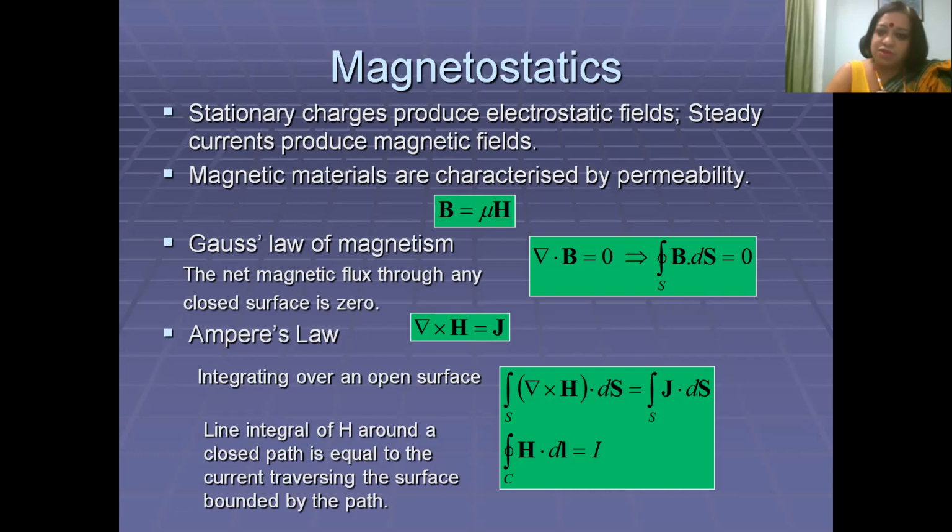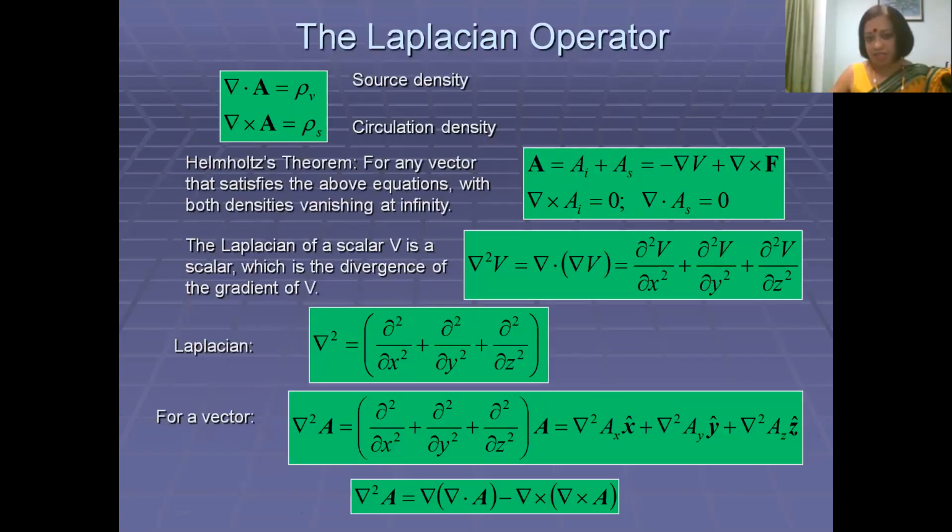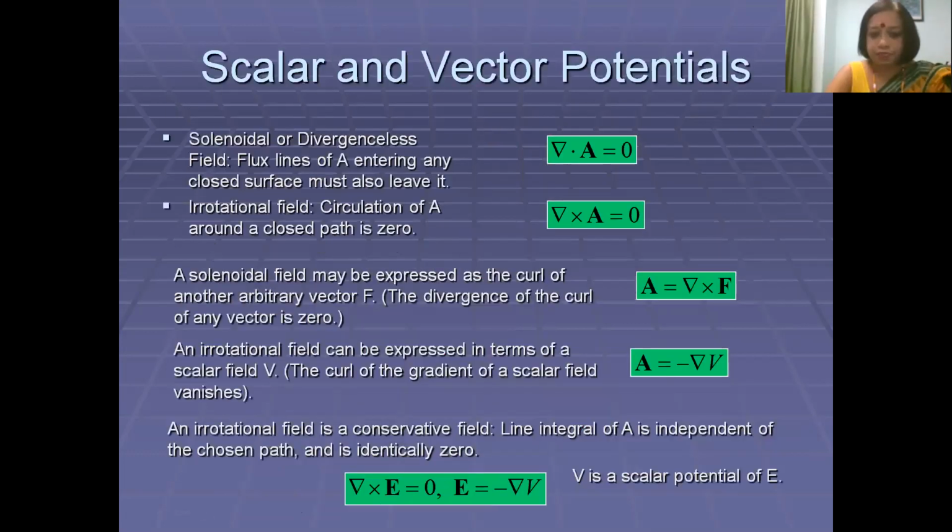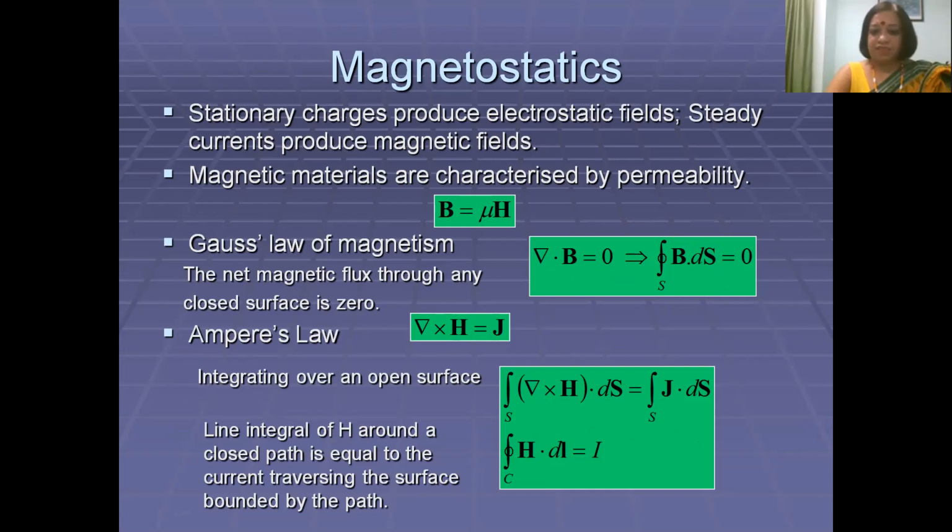This is nothing but your second Maxwell's equation, which tells you that divergence of B equal to 0, which means that if you consider the total flux coming out of a closed surface, the total magnetic flux coming out of a closed surface will be 0. So whatever magnetic flux leaves has to come back. Whatever magnetic flux leaves the surface must also re-enter the surface. So the net magnetic flux through any closed surface is 0.